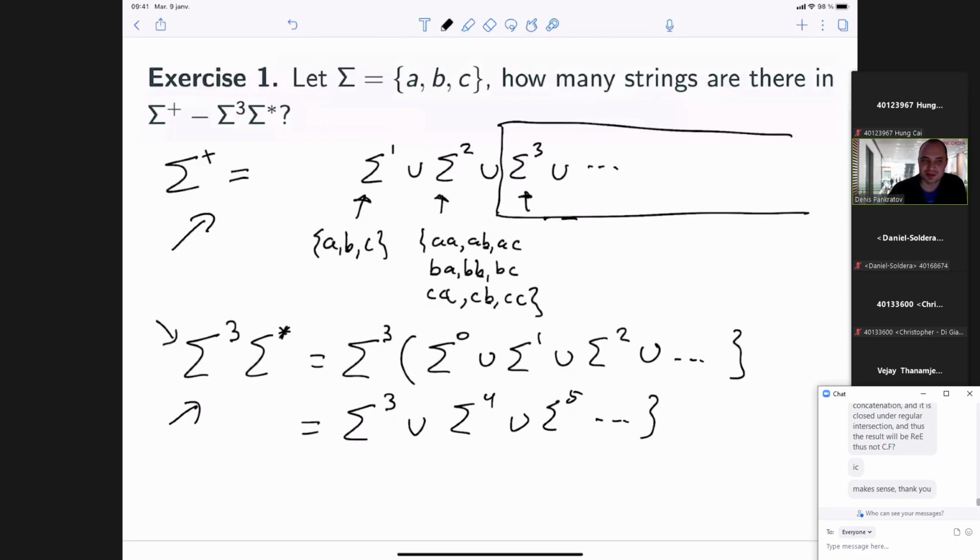So these strings do not appear in the difference. The only strings that are in sigma plus but not in sigma cubed sigma star are the strings in this part of our language. We have 3 of them plus 9. So the answer is 12 strings.